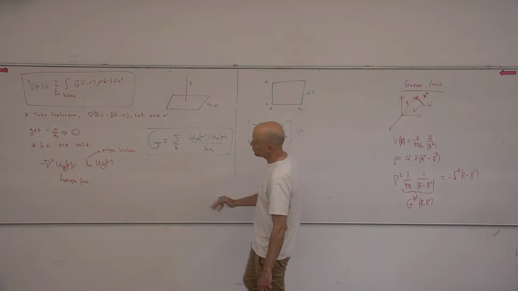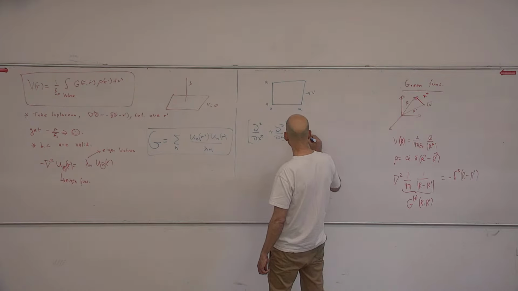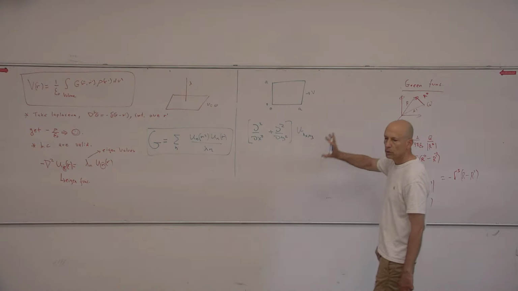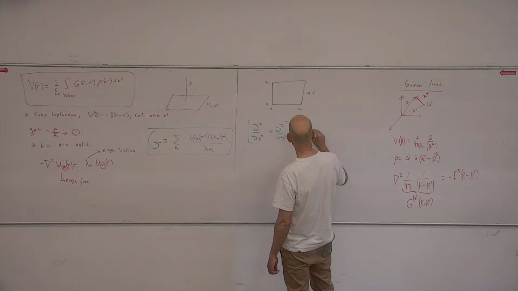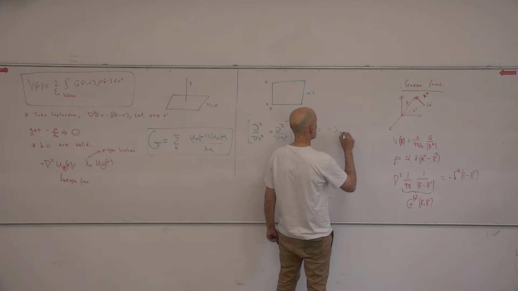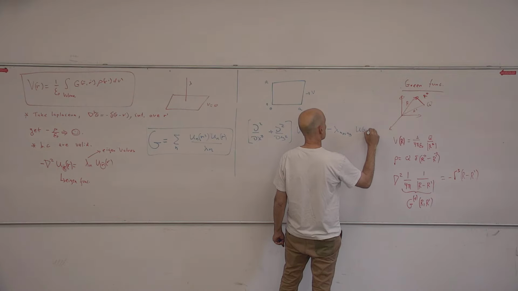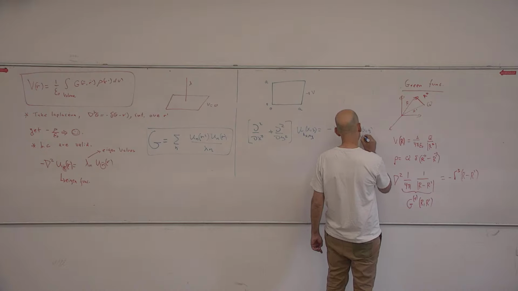We have these functions u. I told you that there are 2 quantum numbers, 2 because it's 2 dimensions, 3 if we have 3 dimensions. This is a function of x, y. I just took the minus sign here. Minus lambda nx, ny, u nx, ny.